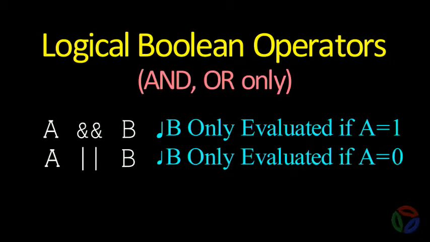The third reason why the logical operators are different from their bitwise counterparts only applies to the AND and OR operators. When these operators are used in the test clause of a control structure or any other expression, the second operand is only evaluated when necessary.